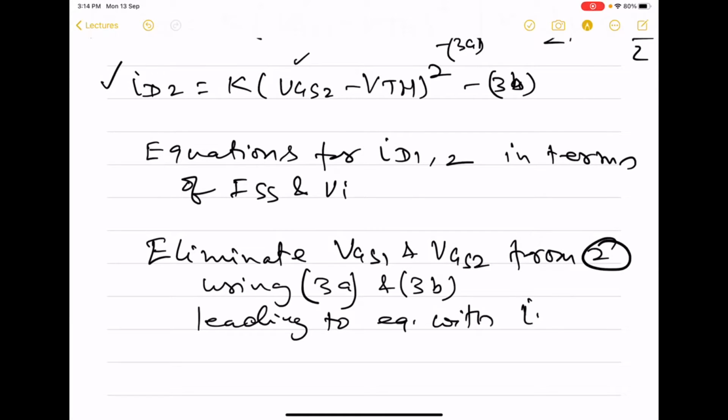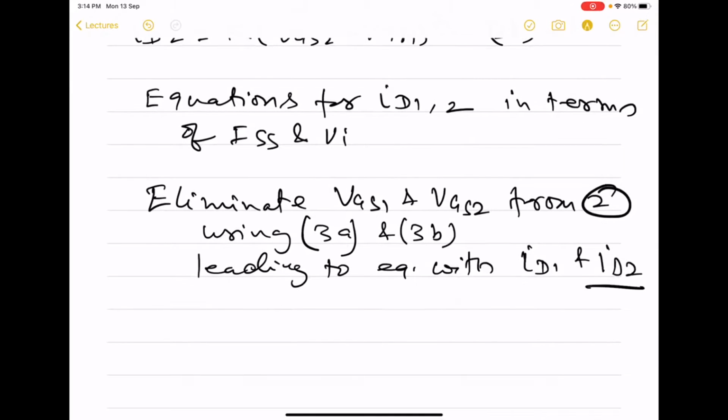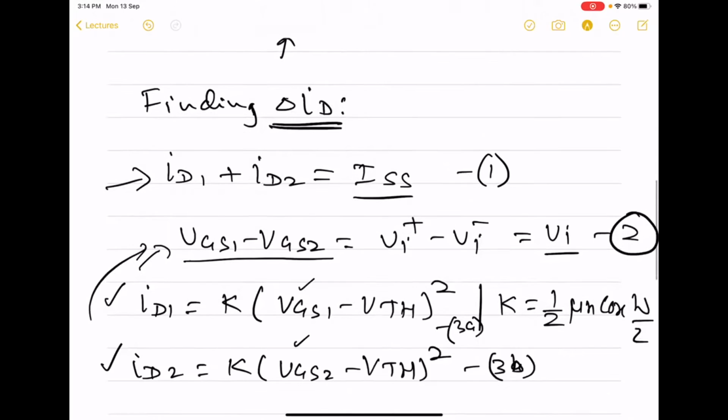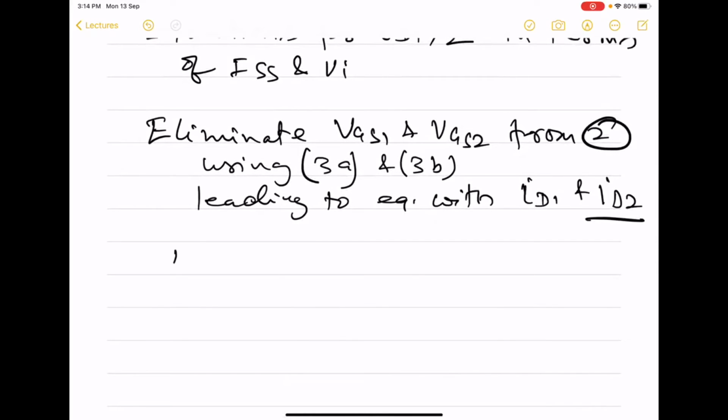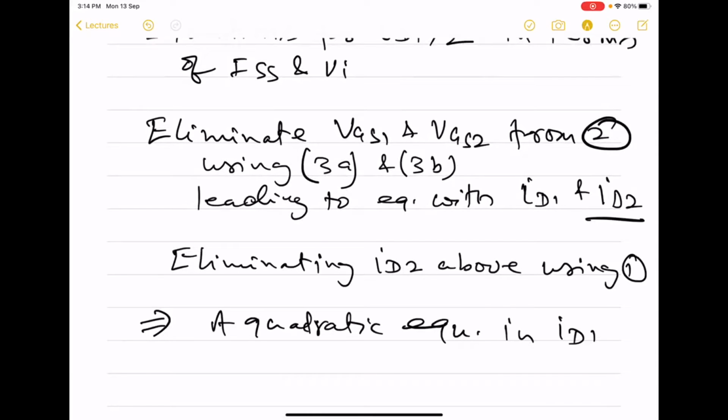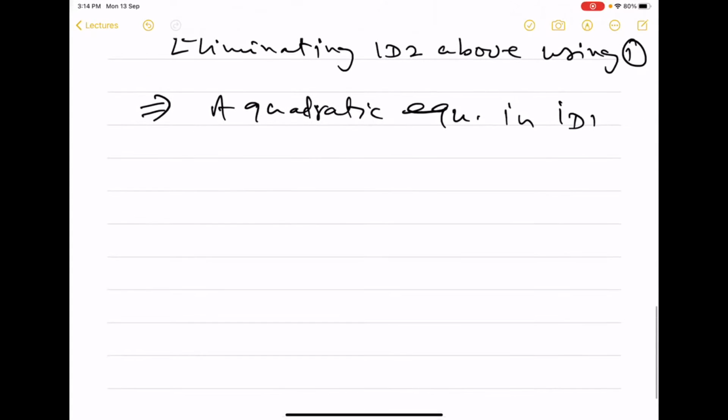This will give an equation containing ID1 and ID2. Now we eliminate, for example, ID2 using equation 1. So this will lead to a quadratic equation in ID1.